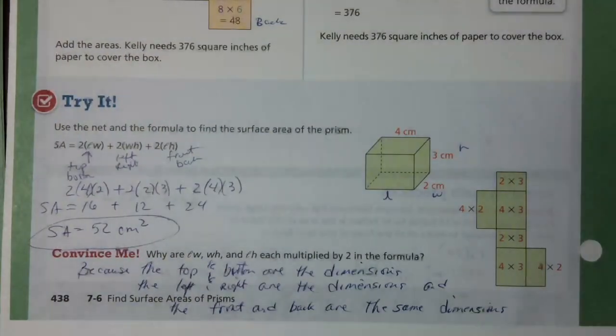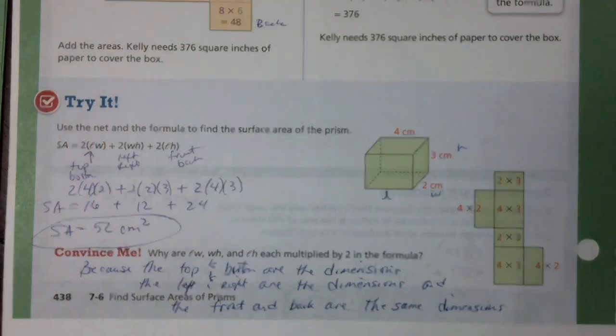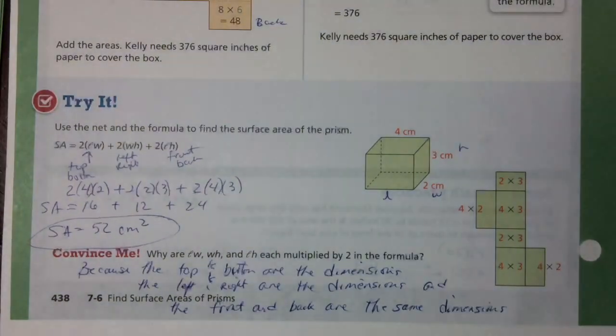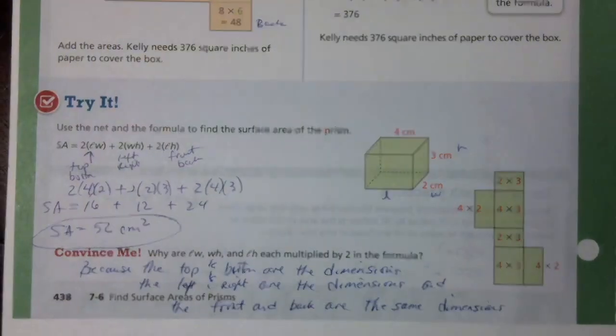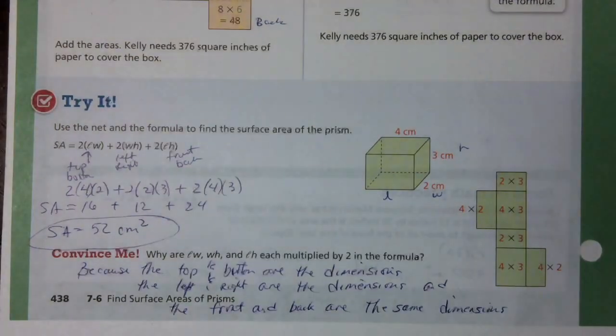You have to know that when you're drawing the net. You have to know it when you're finding the surface area. Notice, once again, no new formulas are being introduced here. We're using some of the same information we learned long ago.